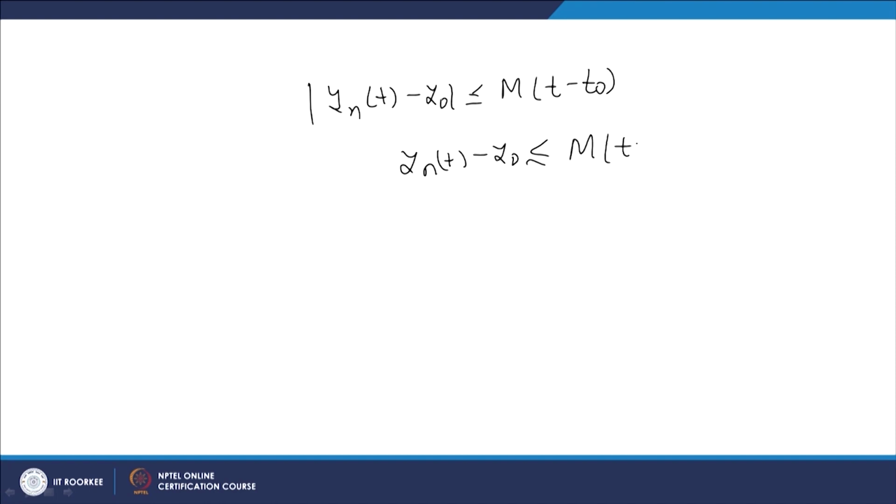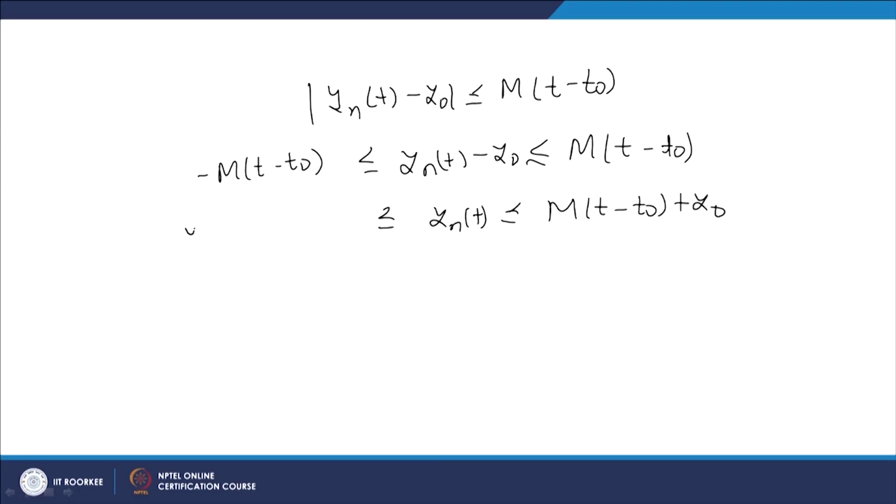Here modulus of y(t) minus y0 is less than or equal to M(t minus t0). Okay. So, we can write y(t) minus y0 less than or equal to M(t minus t0) and greater than or equal to minus M(t minus t0), and you can put y0 here. So, y(t) is lying between M(t minus t0) plus y0 and y0 minus M(t minus t0).